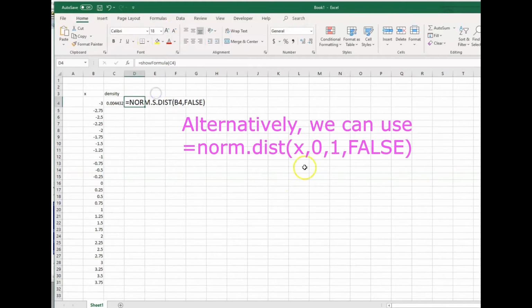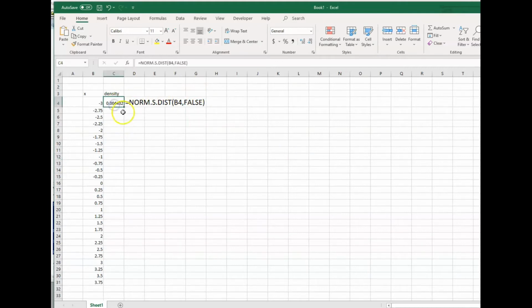So this is the function we use to calculate the density function for a standard normal distribution: NORM.S.DIST. Why FALSE? Because we calculate density. For the cumulative, it should be TRUE. We copy and paste.